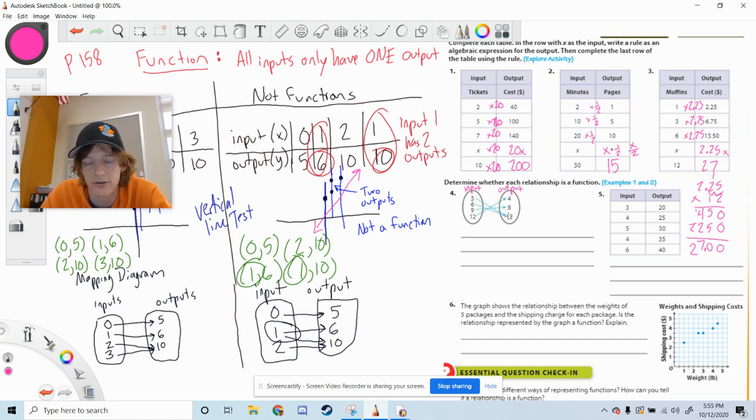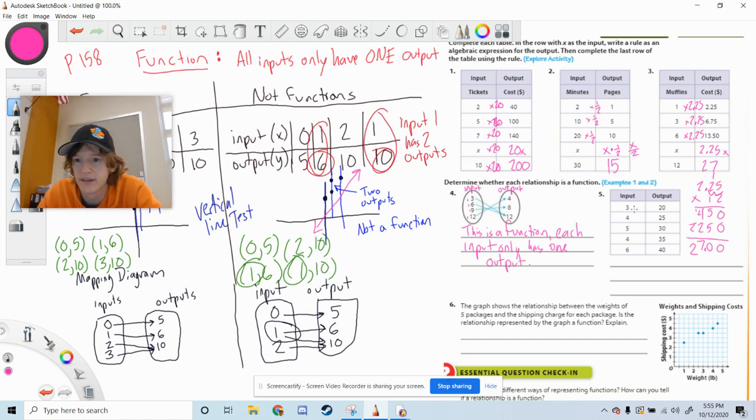It's only got one arrow going to 12. So it has 1. 6 has 1. 9 has 1. 12 has 1. So this is a function, because each input only has one output.